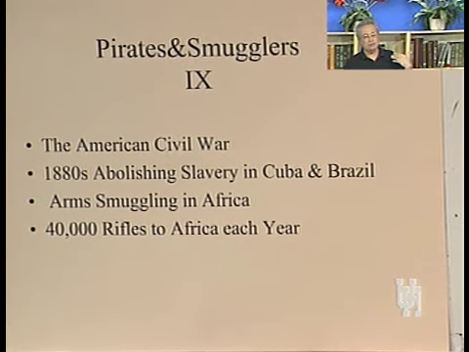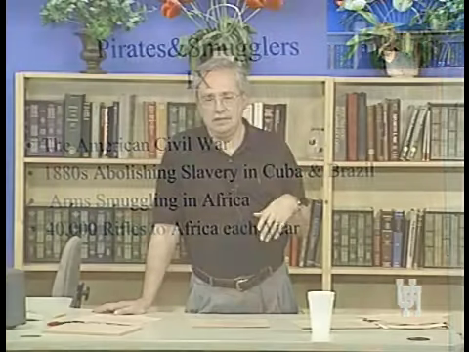And as a result, Europe found an enormous market for arms. And despite the fact that this trade had been technically banned, particularly by the British, the fact is that it flourished during the 19th century, and about 40,000 rifles, for example, were being sold in Africa every year in the 19th century. And until the imposition of colonial control over all of Africa, and by the end of the 19th century, the trade would continue to flourish.